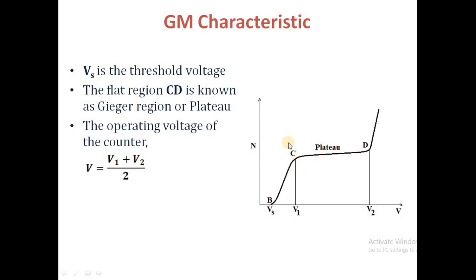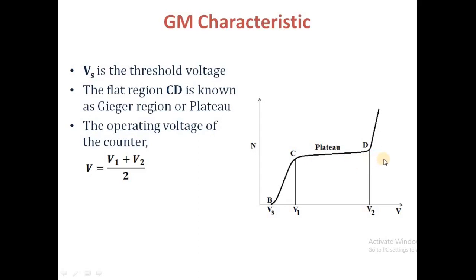C denotes the beginning of the Geiger region, in which all the primary events produced in the counter are recorded irrespective of the energy. The flat region CD is known as the plateau of the counter.